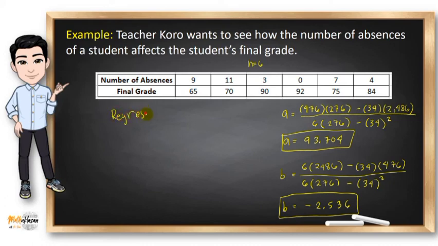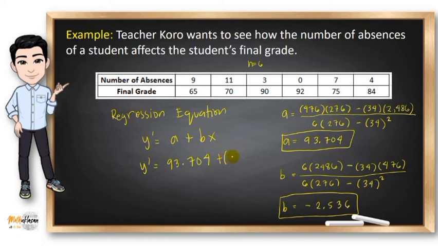Okay, so dun sa regression equation natin, kailangan lang natin gamitin yung formula ng y prime is equal to what? A plus bx. So dito, yung value ng coefficient na a is 93.704. Tapos, may nakalagay plus bx. Ngayon, kung mapapansin nyo, negative kasi yung b dito, no?